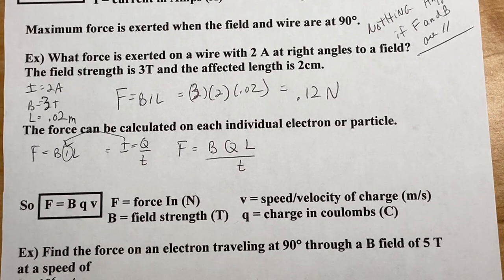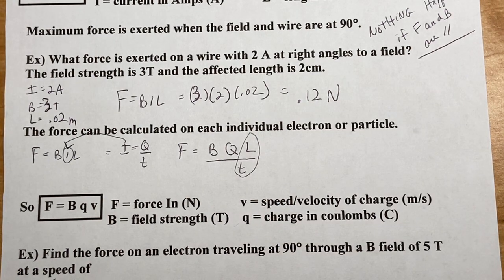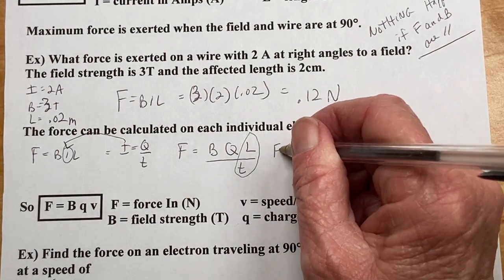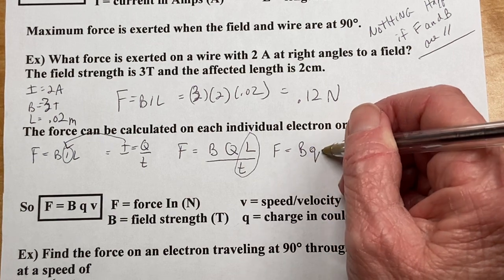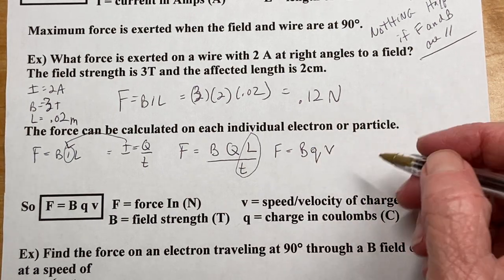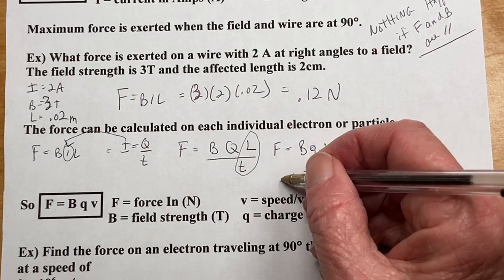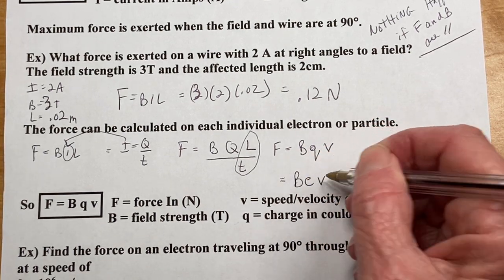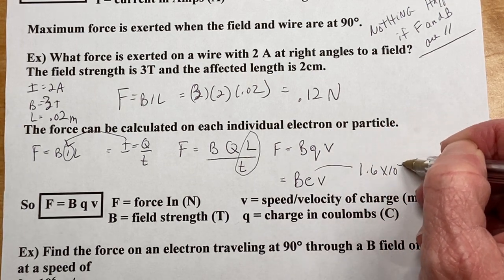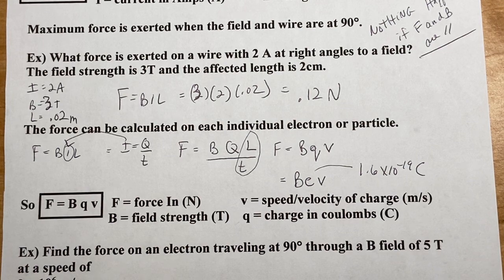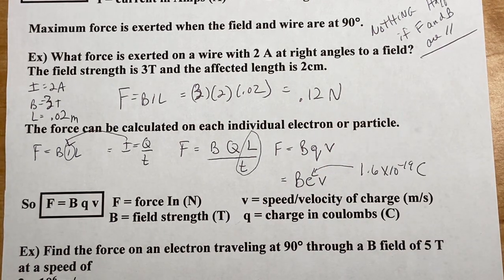Well, L over t, distance over time, is the definition of velocity. So F equals BqV, I'll use lowercase q most times, where V is the velocity. A lot of times I'll do a shortcut and use BeV, because many times it's an electron, and it's 1.6 times 10 to the negative 19th coulombs, or a proton. You're going to have that number come back.